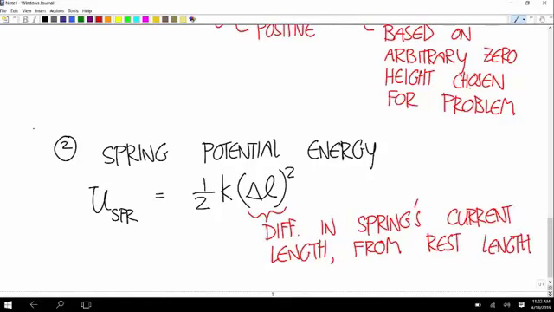So if you're given an object's position vector, you can use that to calculate the height of the object and calculate its potential energy due to gravity. And you can calculate the stretch or compression of the spring and use that to figure out the spring potential energy.